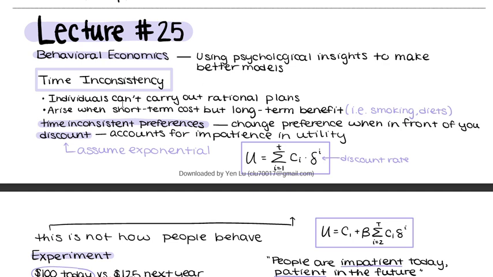So time-inconsistent preferences, we all have this. Preferences change when the choice is in front of you. Discounting accounts for impatience in utility, and we assume this discount is exponential.